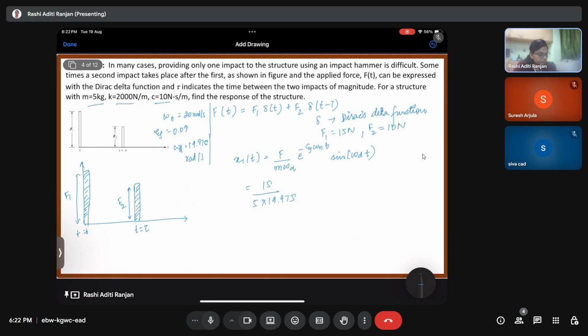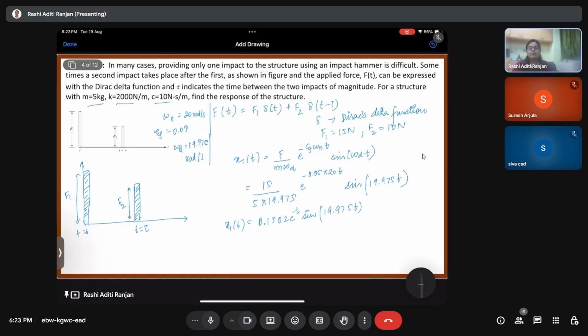Okay, e to the power minus 0.05 into 20t sine of 19.975 t. So now when we calculate the values and everything, we are going to get this as 0.1502 e to the power minus t sine of 19.975 t. Okay, this is just x1 of t.